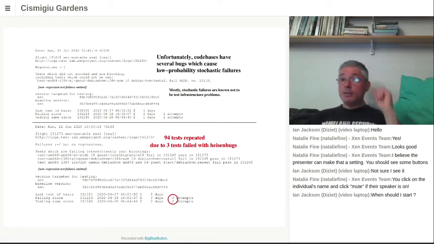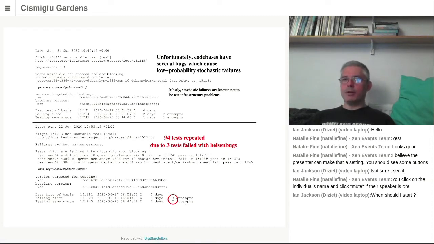But the approach I've taken doesn't work very well with the current large test suite we have, which has about 100 tests in a normal test run, and the number of Heisenbugs we have at the moment, which is unfortunately rarely 0. Here's an example of 2 reports from the system, where we can see that this XSM Debian HVM test failed. That's an HVM test involving QEMU.